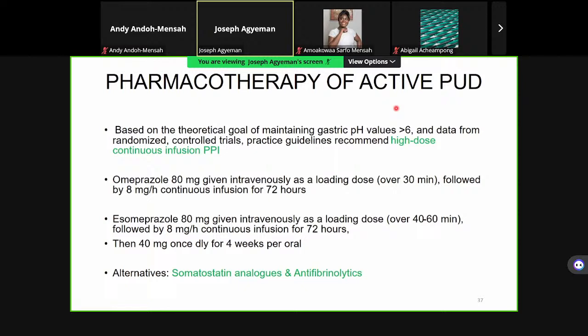But I'll confirm this postulated mechanism the next time that we meet and get back to you. Esomeprazole-induced osteoporosis. Please remind me when we meet next week. First thing to discuss. Any other question?